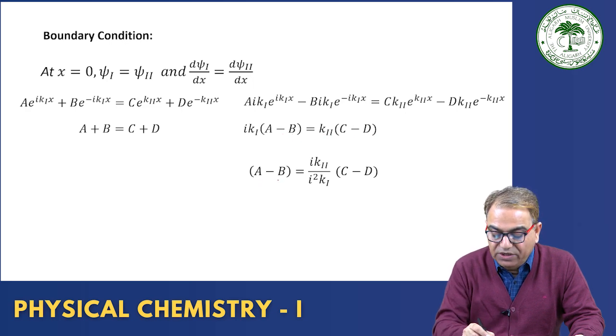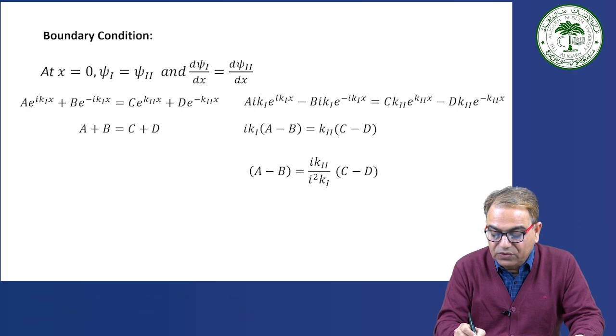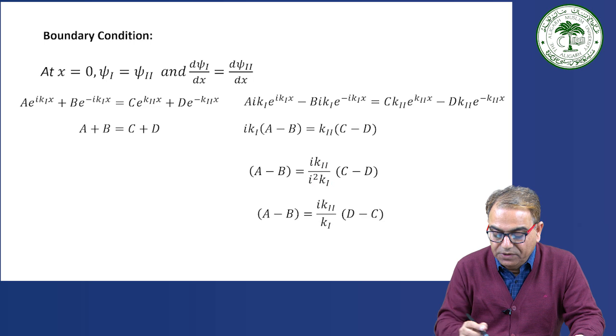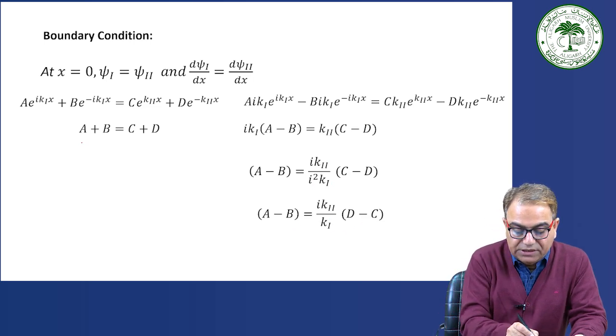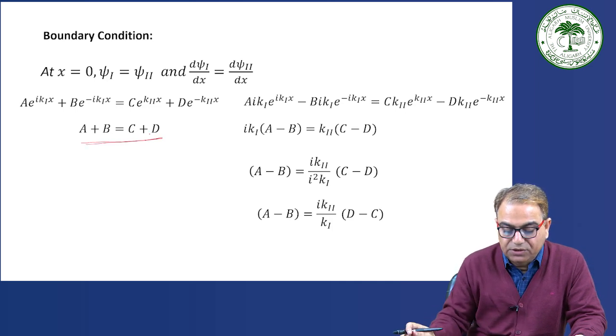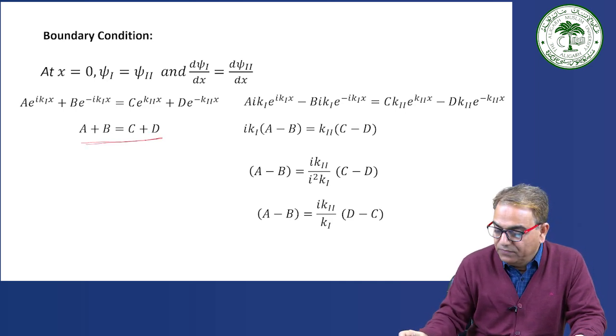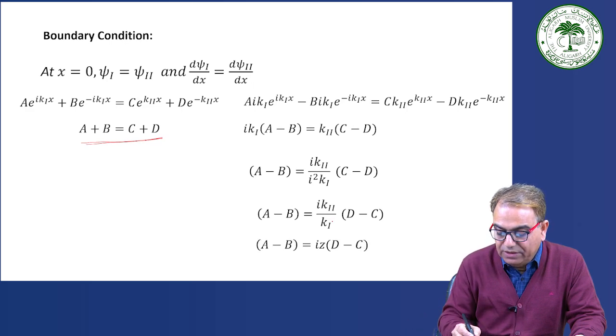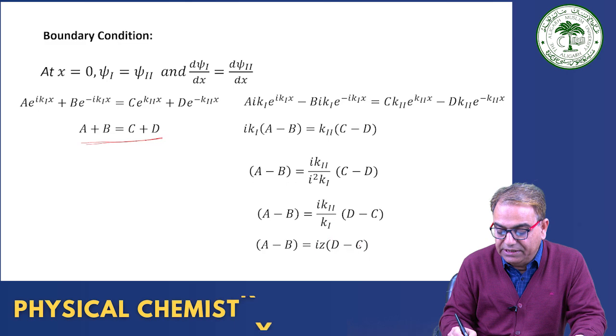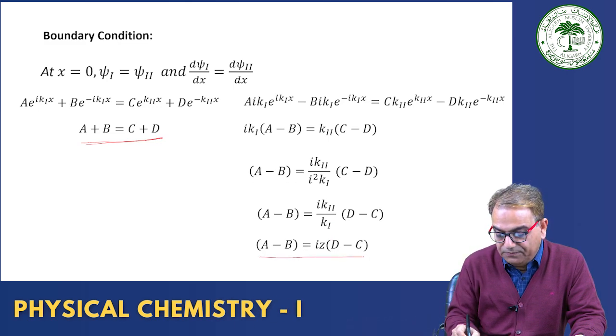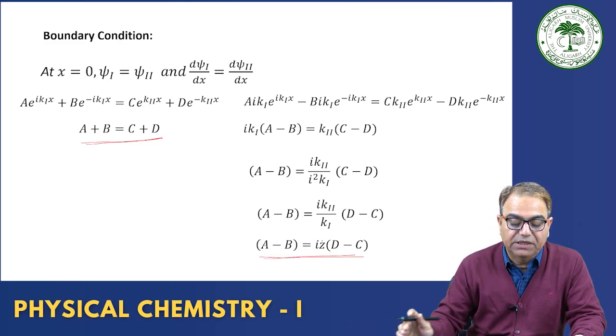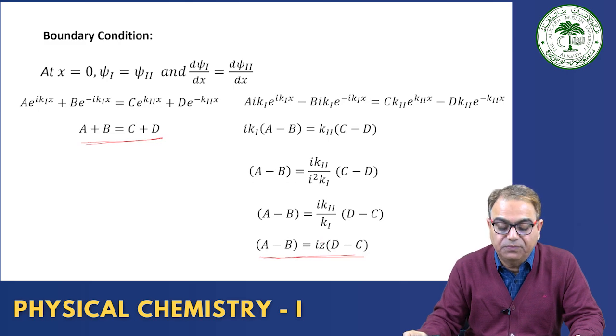Okay, and then you have A minus B, i k2, i squared k1, C minus D, and i squared will be minus 1, so it will be D minus C. So what you have is this term: A plus B is equal to C plus D, and then you have A minus B is equal to k2 by k1, I have taken as z, times D minus C. So these two terms we get from the first boundary condition, x is equal to 0, psi 1 is equal to psi 2.